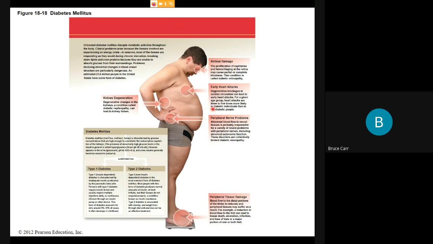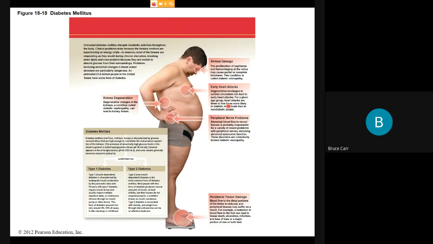Because of the pressure of fluctuating blood sugar, the heart works in an irregular way, and it leads to cardiac circulation problems and blockages, and an increase in heart attacks. Heart attacks are a major killer.